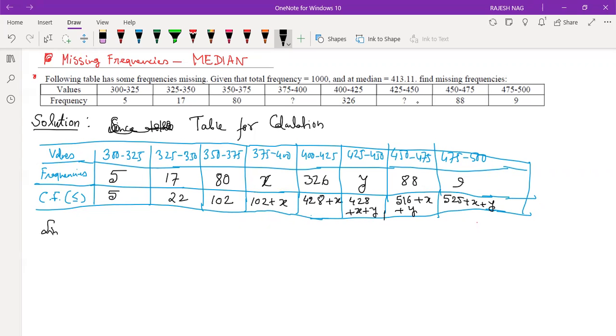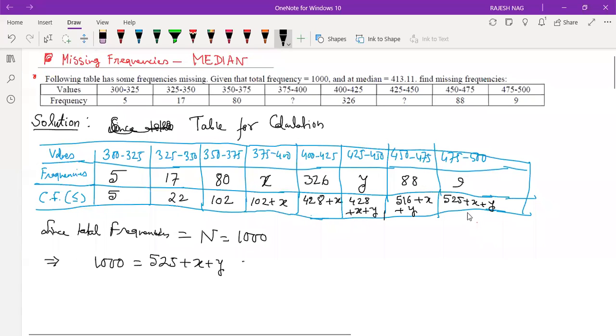Since total frequency is equal to n, we know that the symbolic representation of total frequency is n. That implies 1000 equals the last CF value, 525 plus x plus y, as per the rule of the CF calculation.